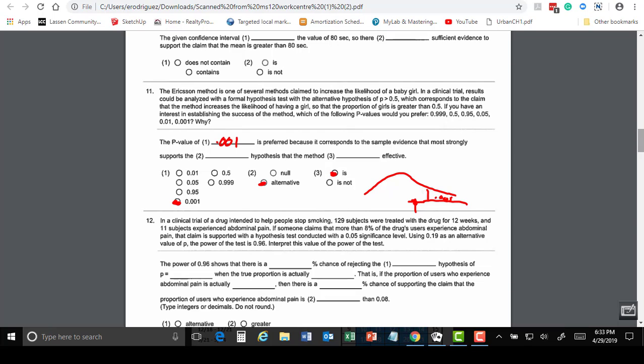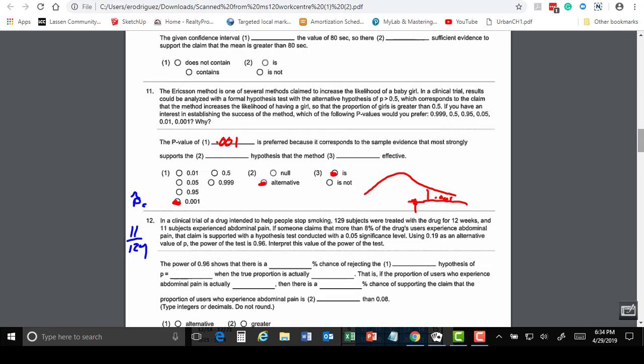Okay, start over. So now we have 129 subjects treated for 12 weeks. 11 experienced abdominal pain. So would you agree this is a proportion? So p hat will be equal to 11 over 129, the total subjects.